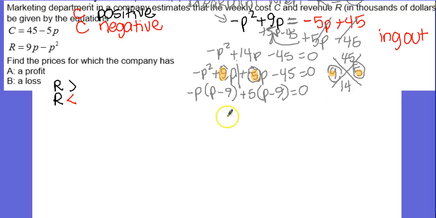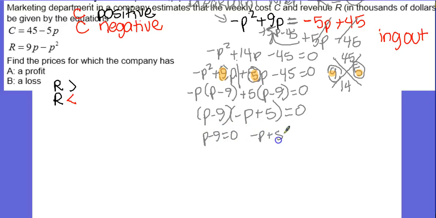Okay, here we go. So we get p minus 9 times negative p plus 5 equals 0. And we're almost done finding our zeros, or our breakpoints. P minus 9 equals 0. Negative p plus 5 equals 0. And we solve.